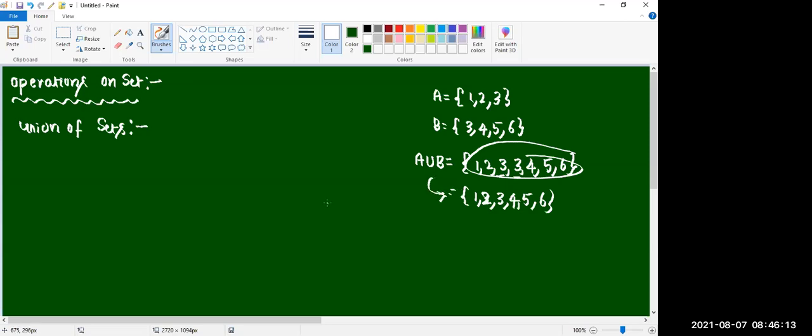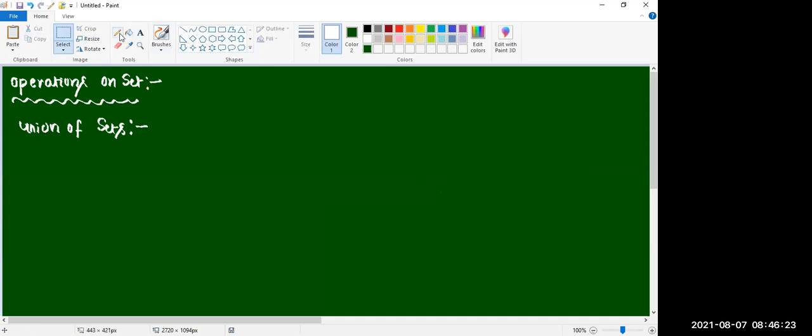Union of sets means it is also a set formed by taking all the elements of A and all the elements of B. If repeated terms are there, we should consider only once. That is the thing.